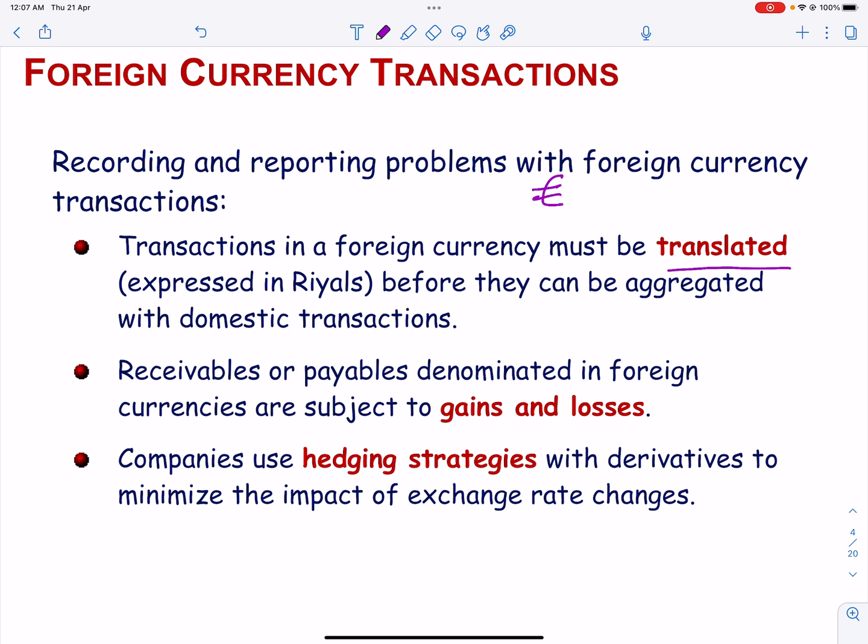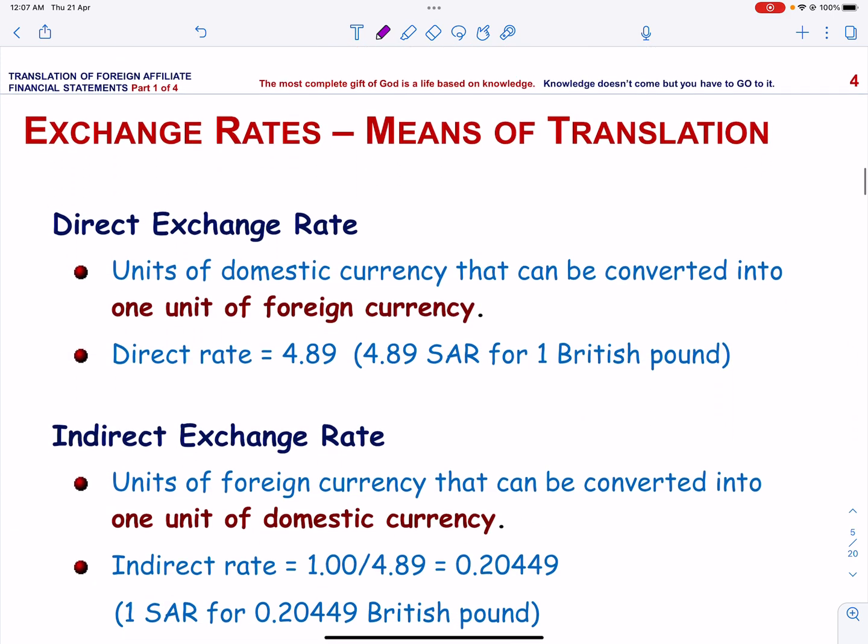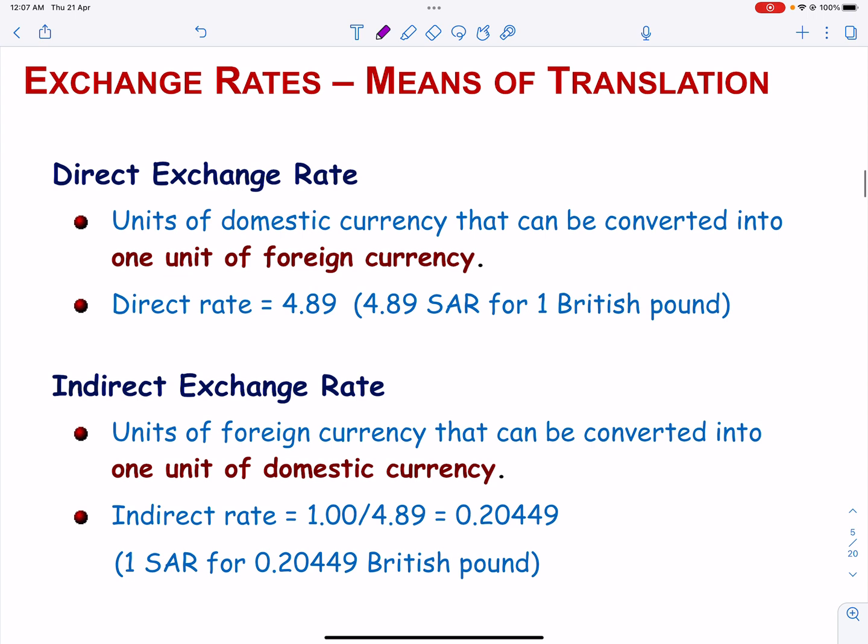We will start with explaining the basic terminologies that we are going to use while dealing with foreign currency translations. The 2 basic terminologies are direct exchange rate and indirect exchange rate. Basically, they are the same, depending upon how the information is provided. Let us first talk about the direct exchange rate.